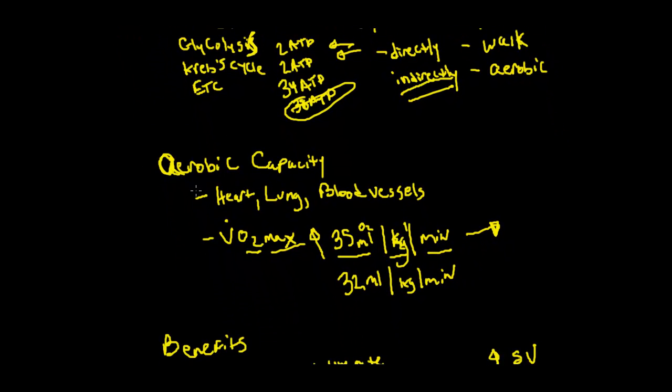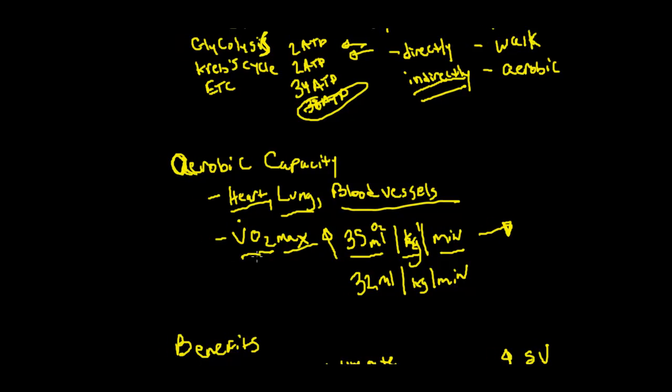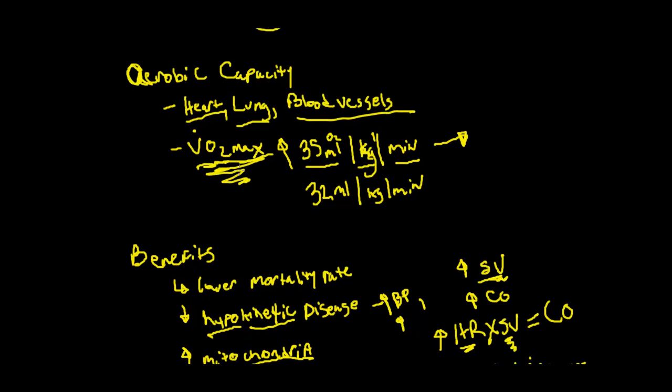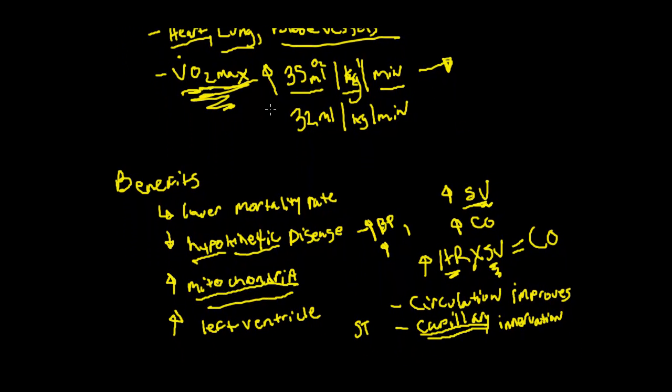And then our aerobic capacity, if we do aerobic training, of course, is going to increase, and that's the heart, lungs, and blood vessels all working together. And we measure that through VO2 max, which is the volume of oxygen that we can get out to the tissues, so how efficient we are at using oxygen. The benefits: lower mortality rate, and that's mainly due to the decrease in hypokinetic diseases like high blood pressure and diabetes and coronary artery disease and stuff like that.